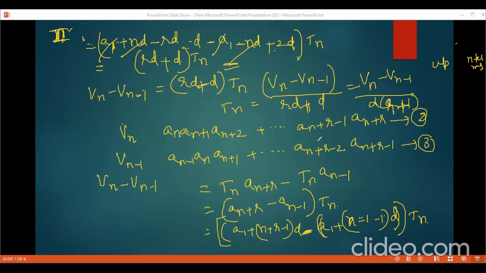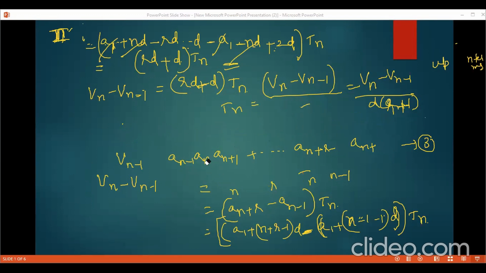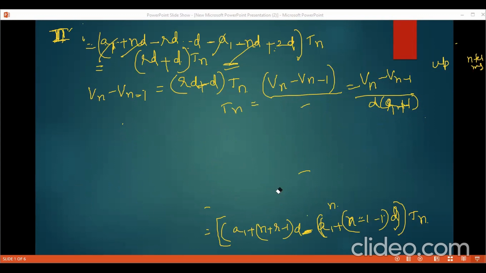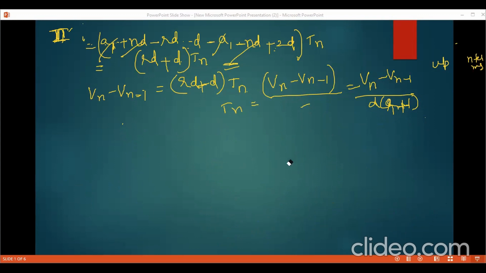Now we can easily write Sn, no? Let us write Sn now because we know Tn. If you go on putting n as 0, n as 1, and add all those, you will get Sn, right? Sn is nothing but sigma Tn.